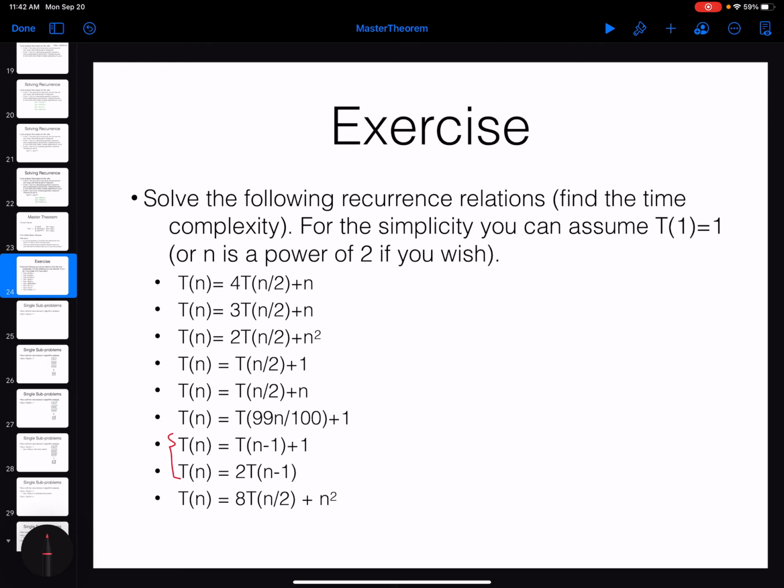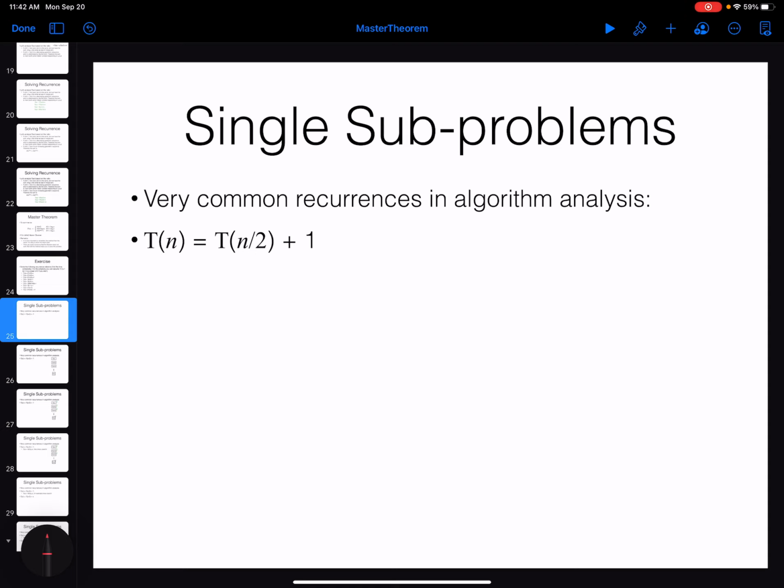So if you have a relation like this, you can use the master theorem, right? It easily falls in the form of the master theorem. The value of a is 1, the value of b is 2, the value of d is 0. So if you apply that ratio, a divided by b to the power of d, this is going to be equal to 1, right?